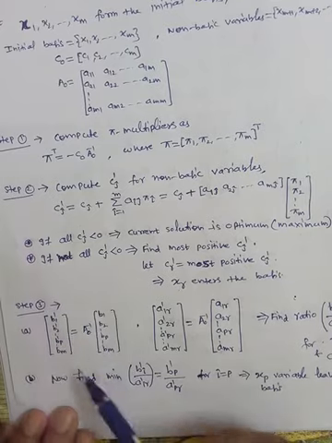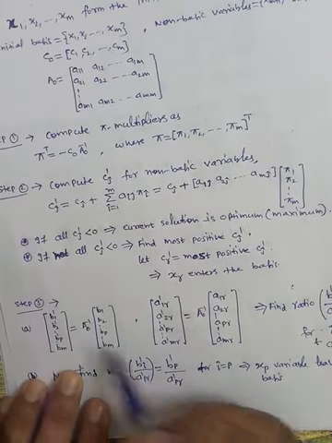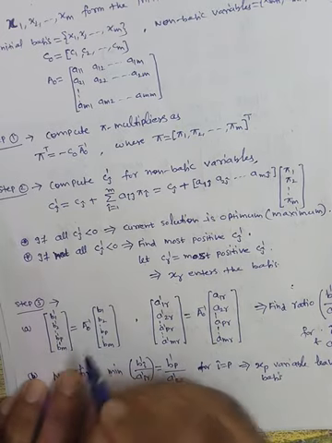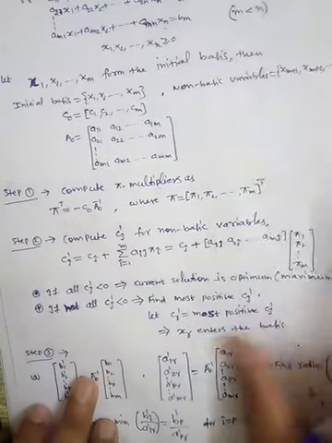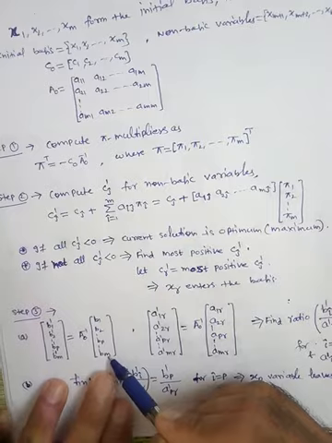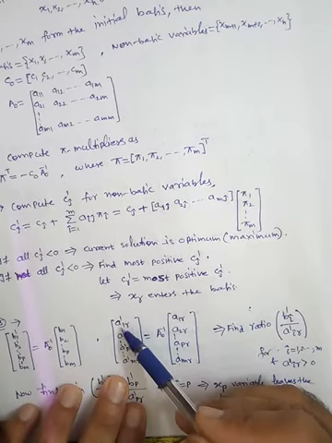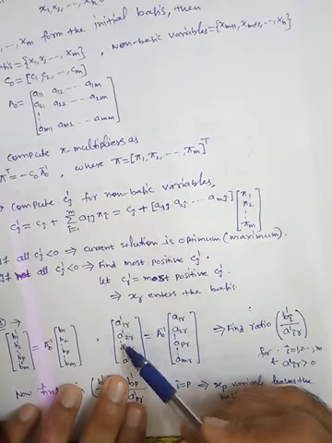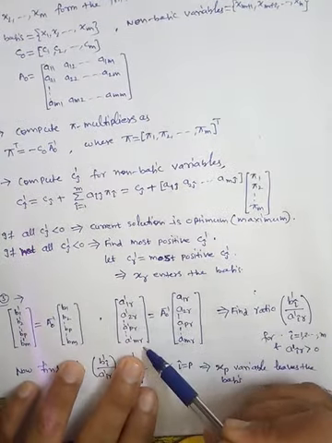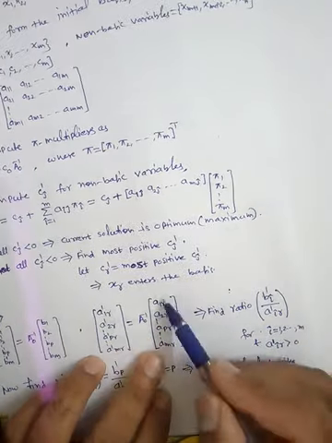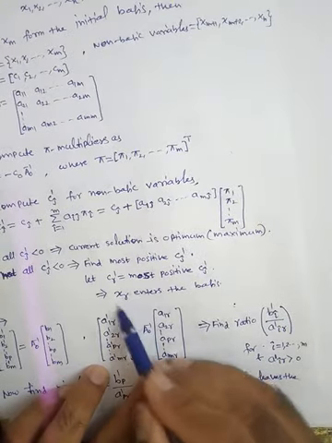Now in the third step, find the ratios. First find b1 dash, b2 dash, ..., bp dash, ..., bm dash, which equals A naught inverse multiplied by b1, b2, ..., bm, the right hand side column. Similarly find a dash 1r, a dash 2r, ..., a dash pr, ..., a dash mr, which is A naught inverse multiplied by the rth column.